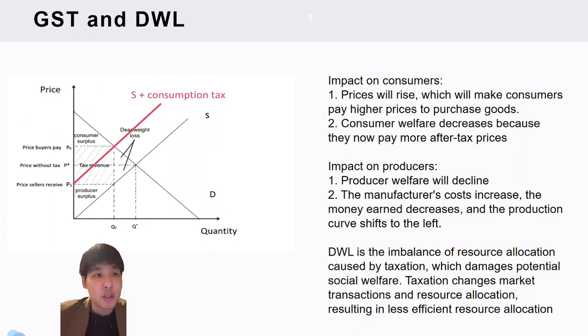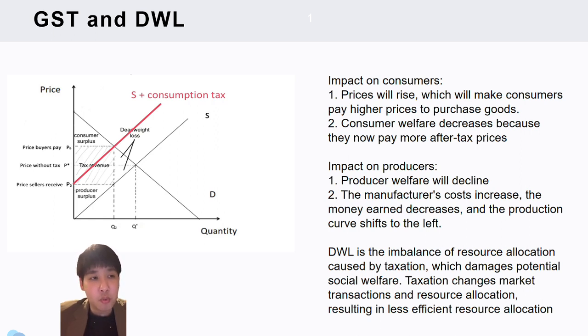The second is the impact of consumption tax on producers. The first one is that the producers' welfare will fall because they can only receive a portion of the pre-tax price, which is represented on the chart as the producer's price falling to PS.